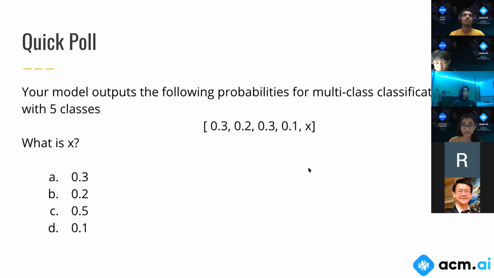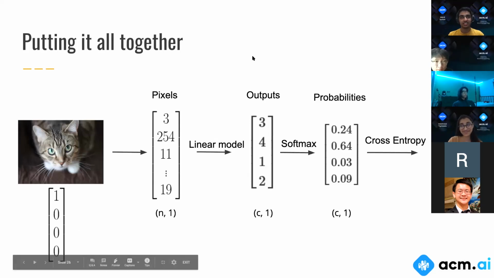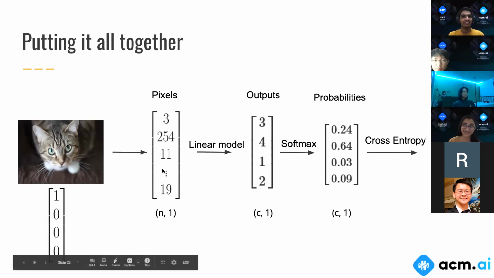And so, quick poll to check understanding. Actually, first, an even quicker poll. What's the dimension of the weight matrix in this case? Right here we have a linear model, and we're plugging in n features and getting out a C by 1 vector.